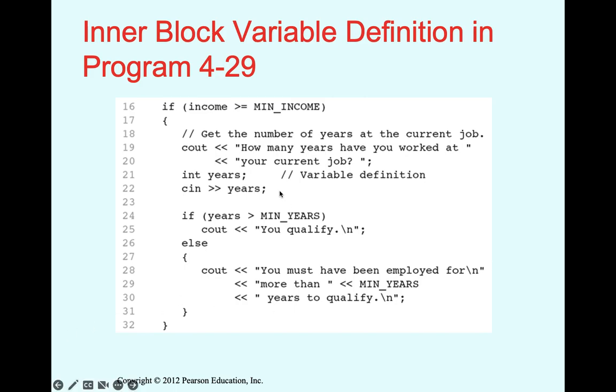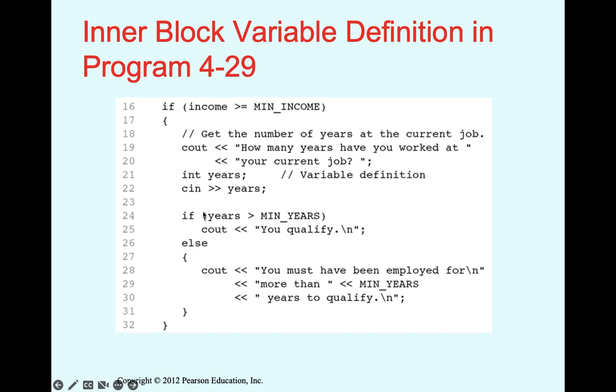If you define some variable in some block, for example int years, you define this variable here. So the scope of this variable is from here till the end of the block where it was defined. So outside this if statement you cannot see years, because this years was defined inside the if statement.